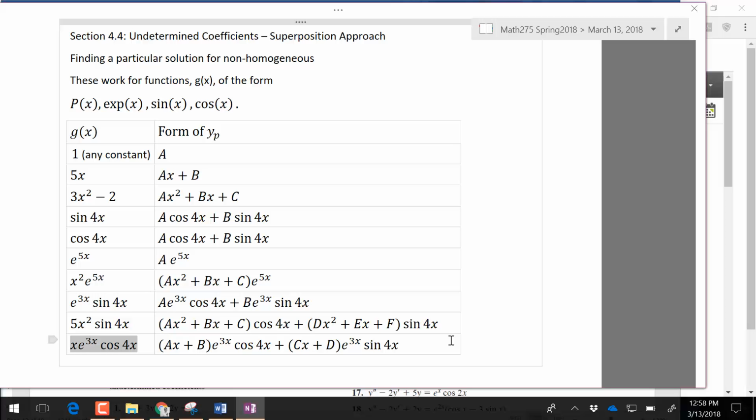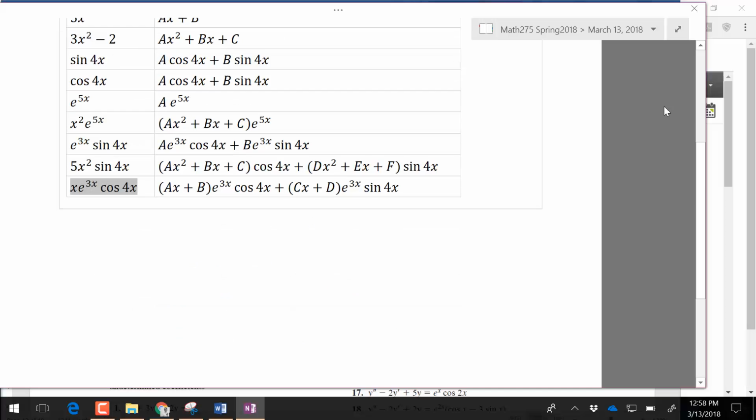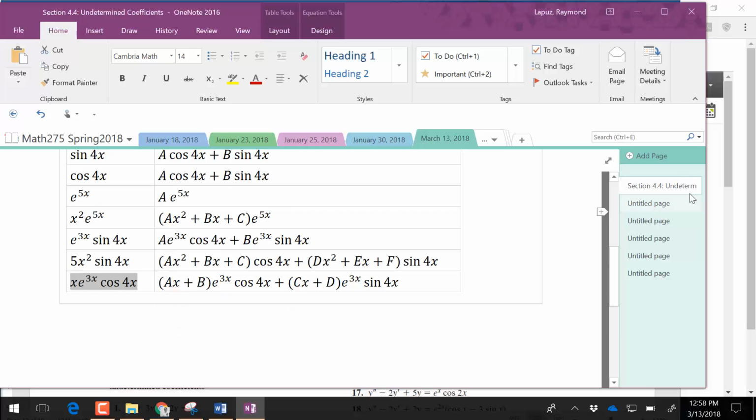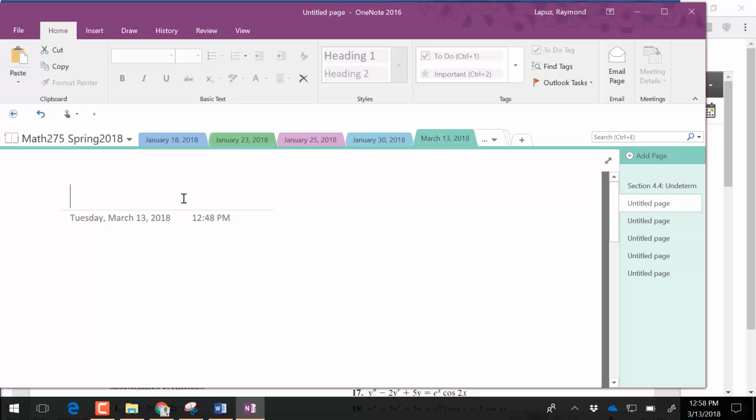And then to get the general solution, you would include that with your homogeneous solution. All of that is based on the superposition principle. And again, it would make a lot more sense when we start doing examples. I think we did an example last time, but let's start up a new example.